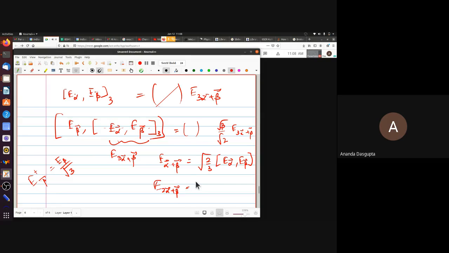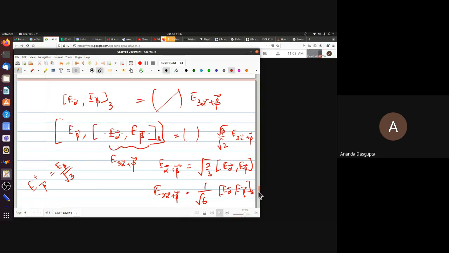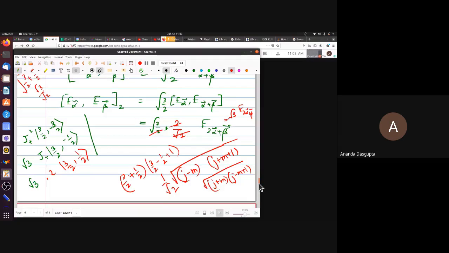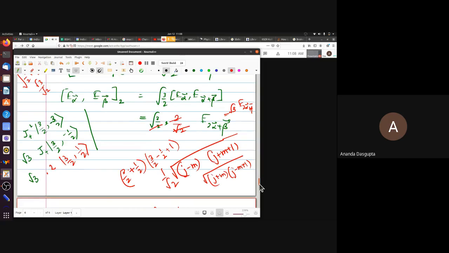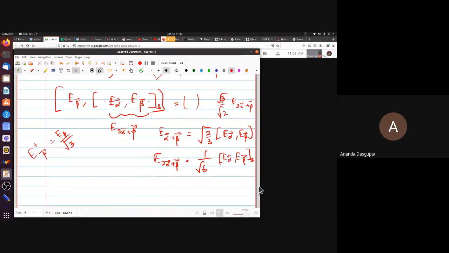Georgi says is 1 by root 6. So what I said, of course, was not 1 by root 6. What I said was 1 by root 3. And E3 alpha plus beta, according to Georgi, is 1/3.